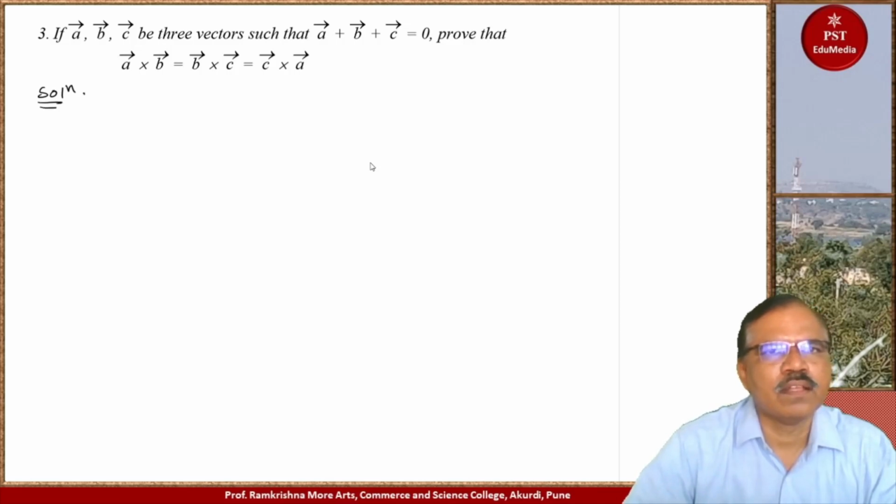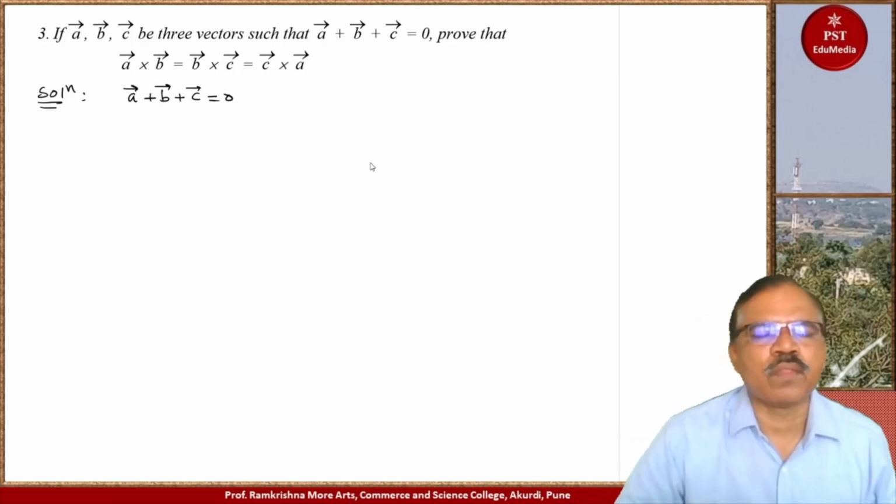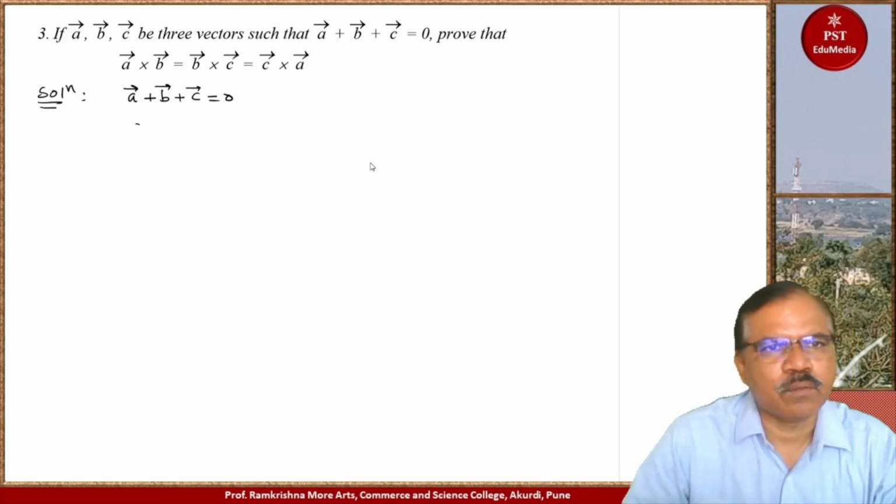So the solution: now see here, we have vector A plus vector B plus vector C is equal to 0. Now we can write vector C from this.